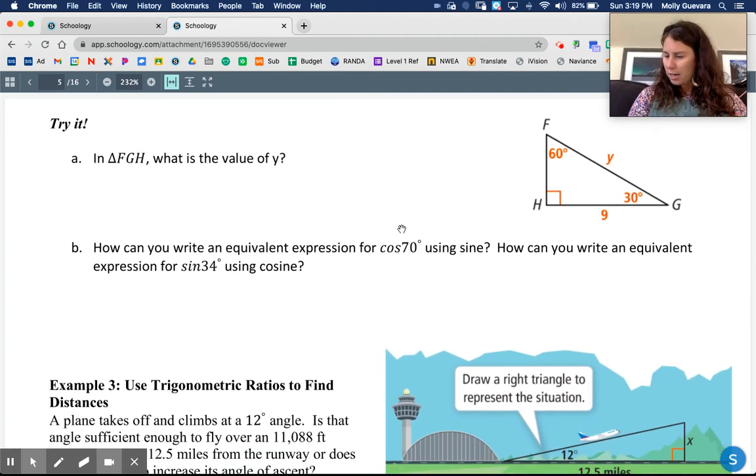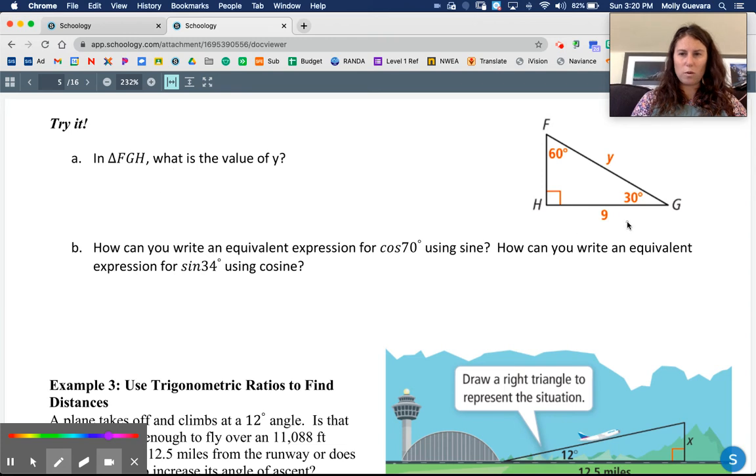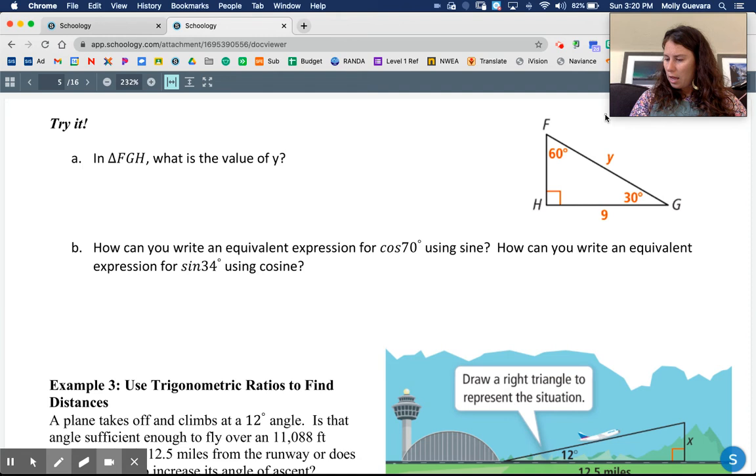Okay. So here it says in this triangle, it's a right triangle, it's a 30, 60, 90. What is the value of y? Okay, so it's a 30, 60, 90, so it might be helpful to write down the pattern of our 30, 60, 90, right? If this is x, this is 2x, and this is x square root of 3.